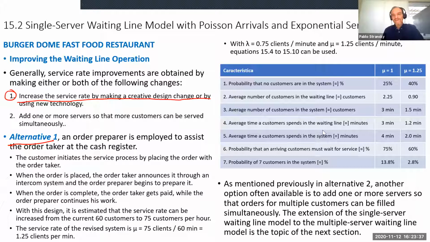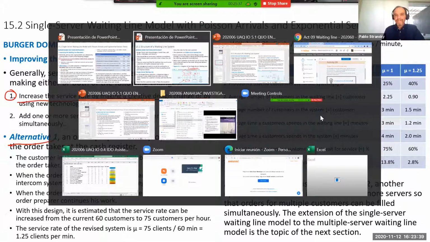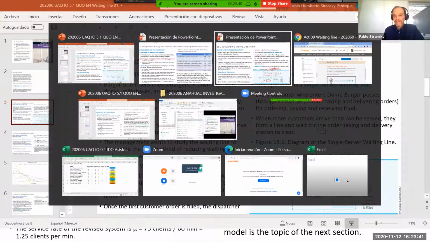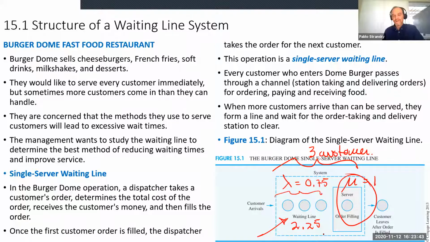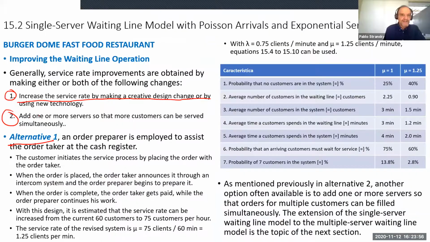When we say service rate, we're talking about doing something here, okay? Or how they're working with the orders. If we are faster, then the line is going to move faster also. That's one option. My second alternative is to add one or more servers so that more customers can be served simultaneously, okay?